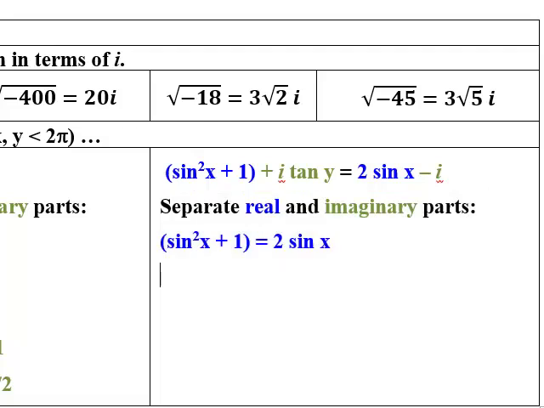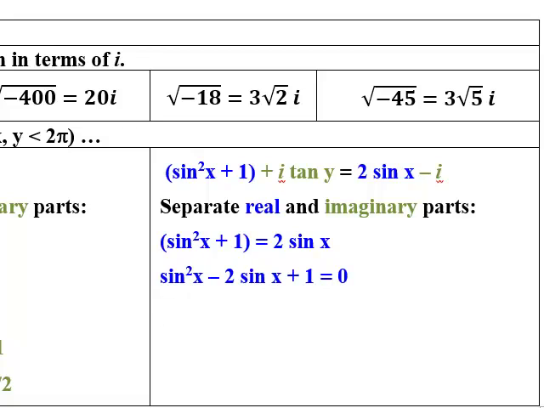So on the left, sine squared x plus 1 equals what's on the right, 2 times sine x. All right, so I'm going to get that all to the left-hand side. So sine squared x minus 2 sine x plus 1 equals 0.